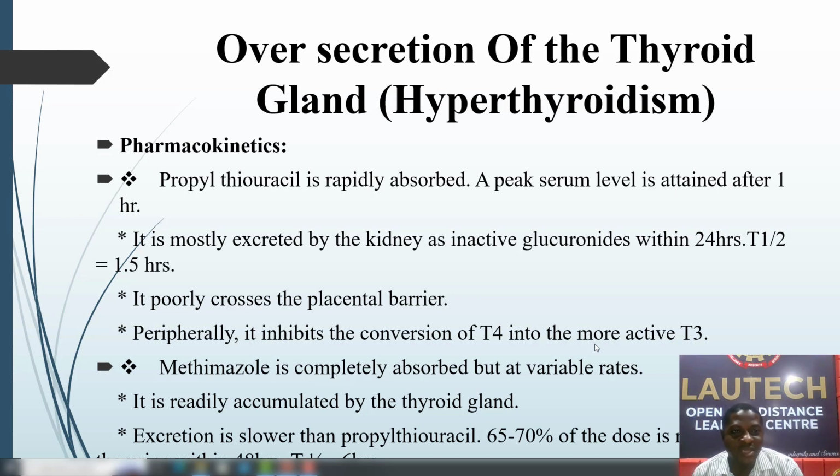Methimazole, which is another example, is completely absorbed but at a variable rate. It is readily accumulated by the thyroid gland, and the excretion is slower than propylthiouracil. I hope you are all following me.